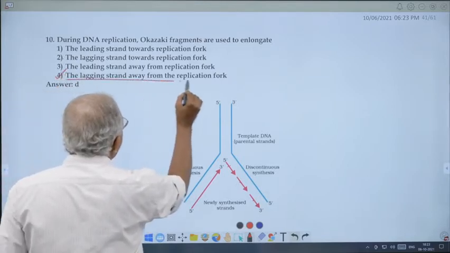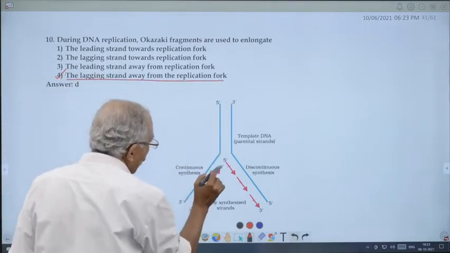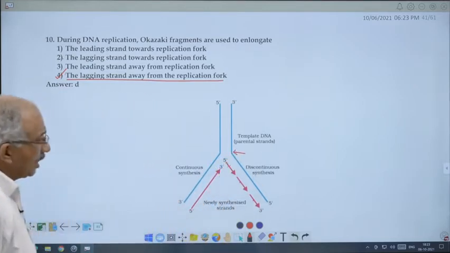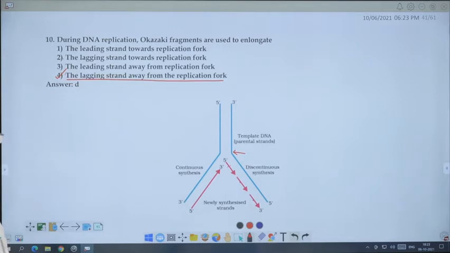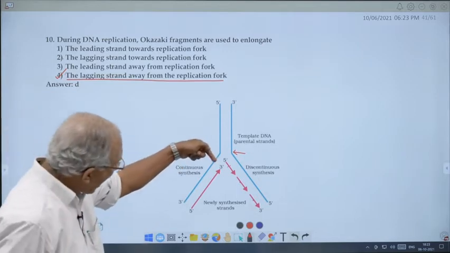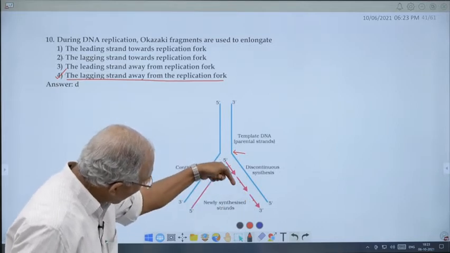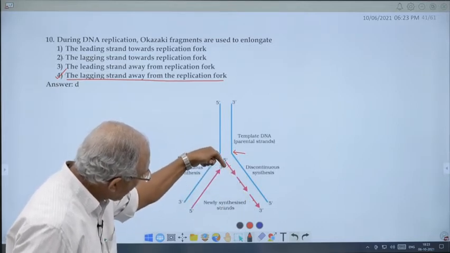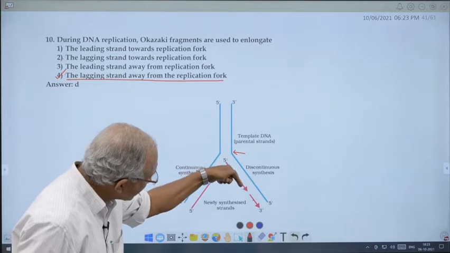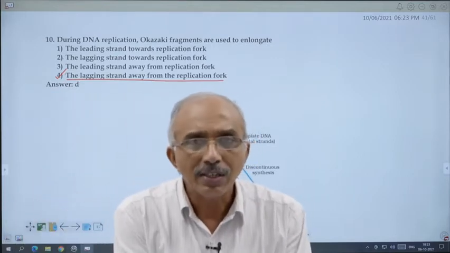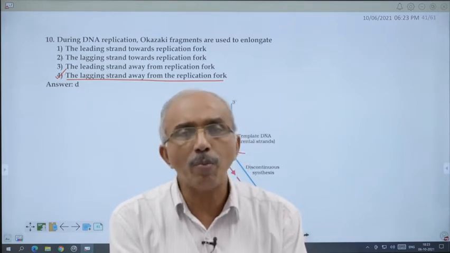Lagging strand away from the replication fork. This is the replication fork. In this direction, the lagging strand progresses, increasing its length. So, a good question, I hope.